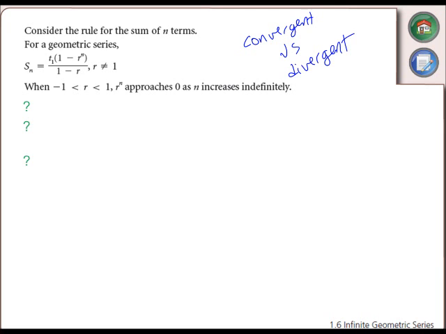Well, we need to have convergent. Divergent? No go on that one. And we know if something's convergent, it all comes down to the R value. The R value is always going to be between 1 and -1 there.